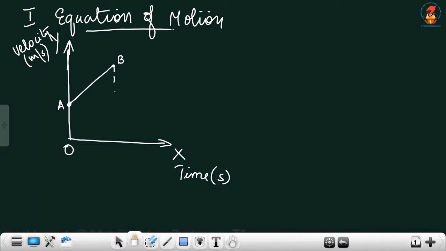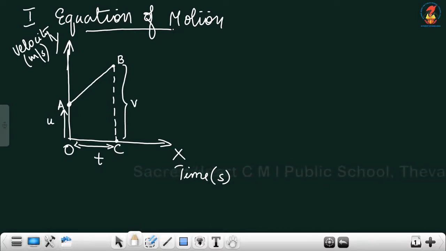Now we will draw a line to the x axis. Let this point be C. This much represents time, this much is the initial velocity u, this much is the final velocity v.